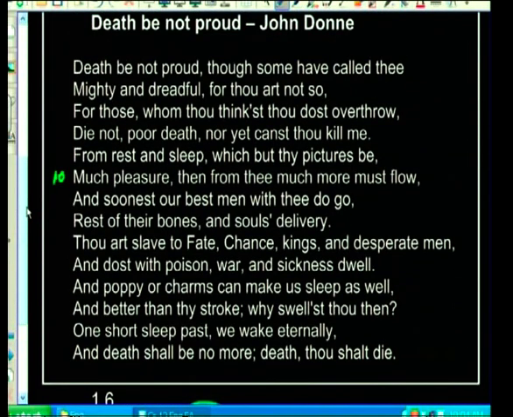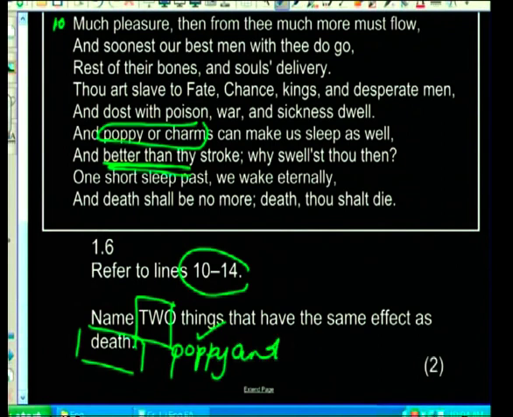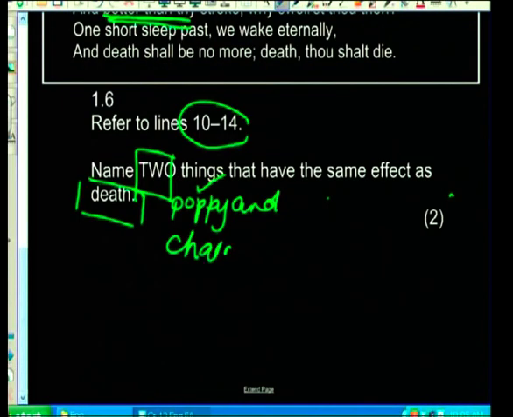Poppy and charms, which are the drugs, and they're better than a stroke. Right. So you would answer poppy, 1 mark, and charms. You're going to be writing a lot neater than I'm writing. Your writing's got to be legible. All right, let's carry on.